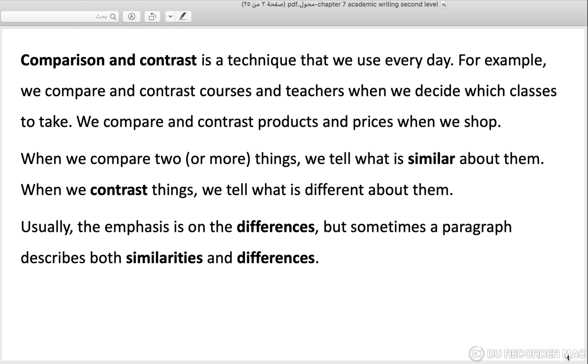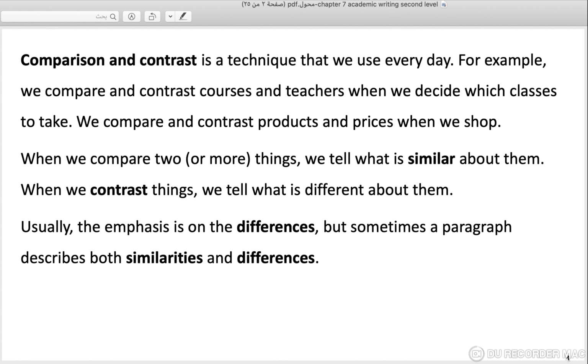When we compare two or more things, we tell what is similar about them. When we contrast things, we tell what is different about them. Usually the emphasis is on the differences, but sometimes a paragraph describes both similarities and differences.